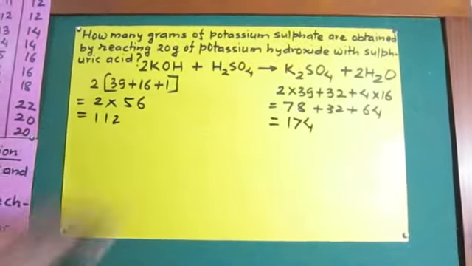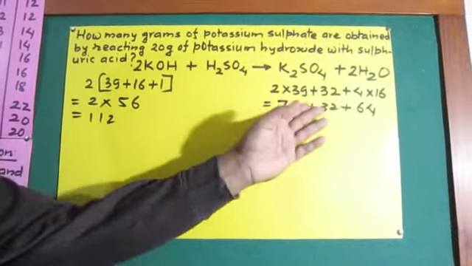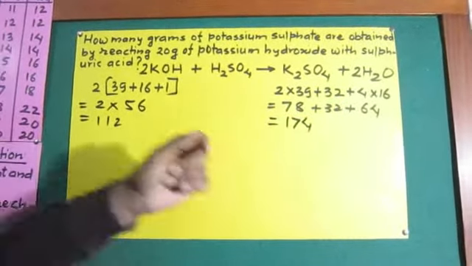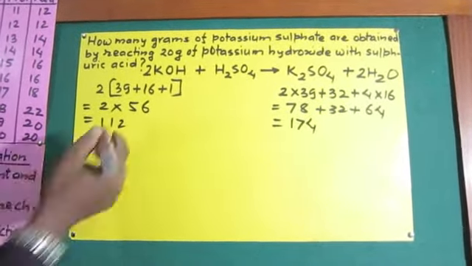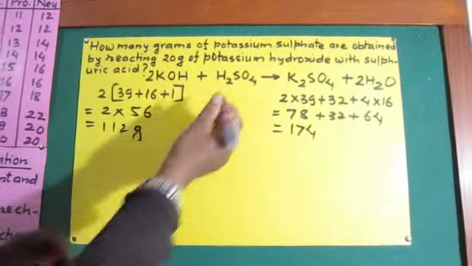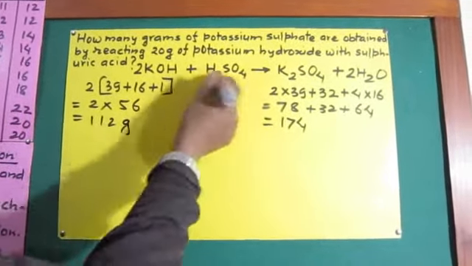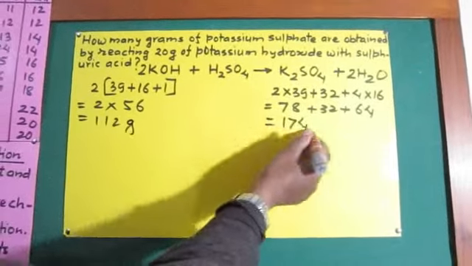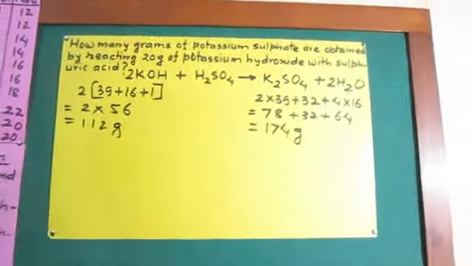Now, the conclusion of this addition and multiplication is when 112 gram of potassium hydroxide reacts with a certain amount of sulfuric acid, then 174 grams of potassium sulfate forms.